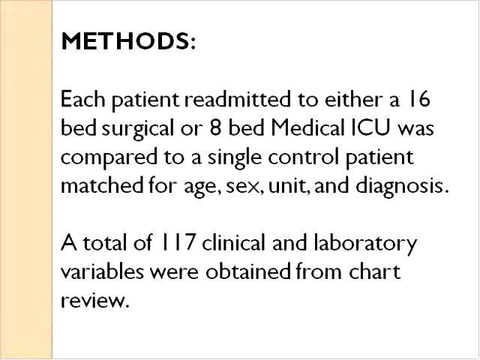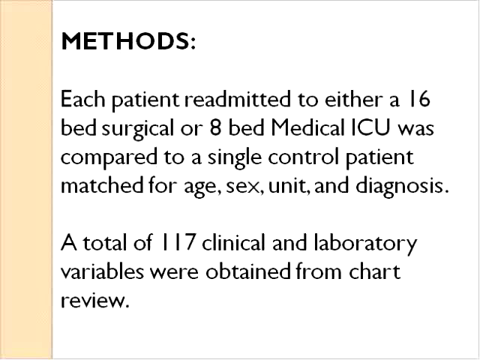Now, we didn't really have a traditional scoring system for severity of illness in those days, so we just kind of looked at the overall chart on admission and tried to decide that that patient was probably as bad off and had as high a risk as a patient that had come back to us by looking at their initial admission. This study took us about a year.